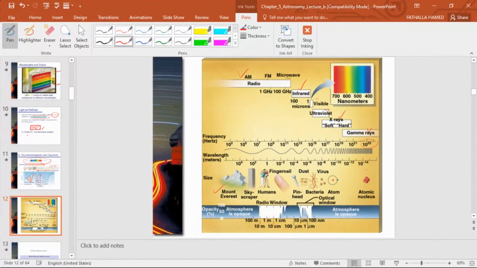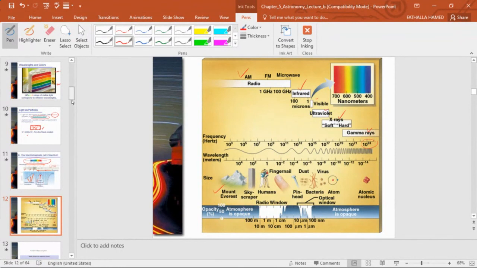So in astronomy now, we know that the sun is sending all of this radiation, and by observing this radiation, we can understand a lot about the sun, but we need the instruments and tools to observe it.